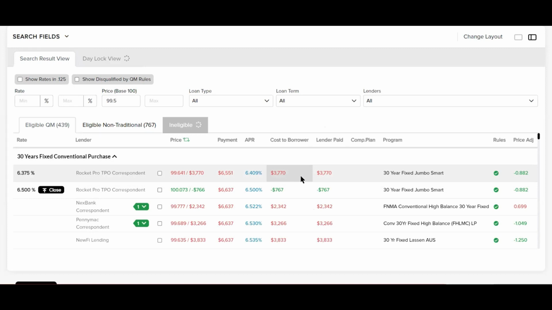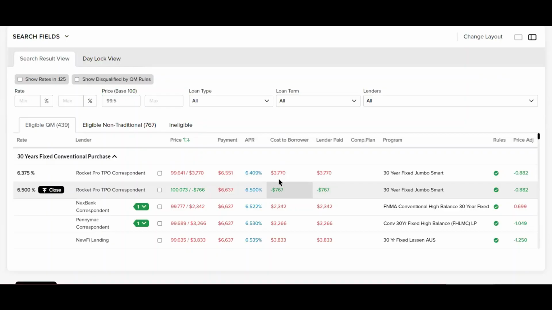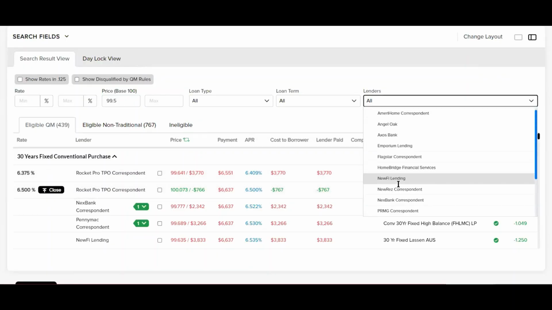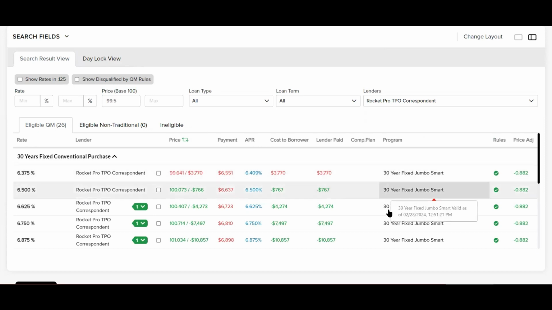And it looks like they will do it at 45. So I would bet above 45, they stop working with the jumbo product. Let me just check. So again, we got jumbo, jumbo, jumbo.